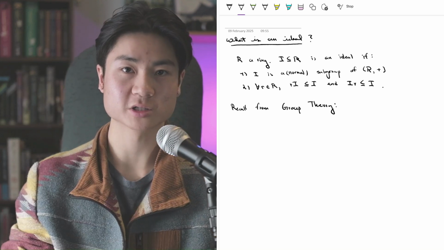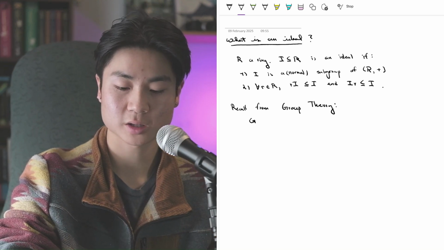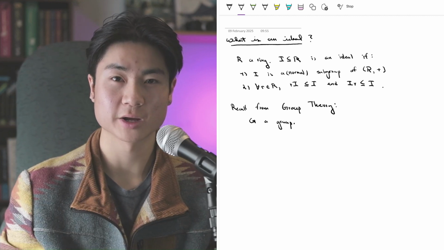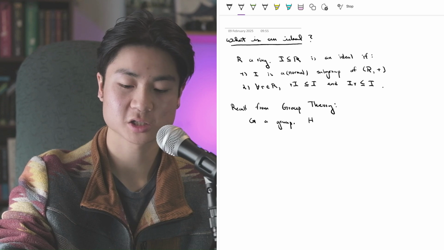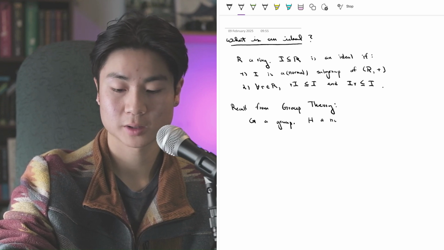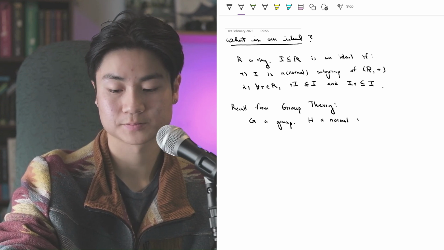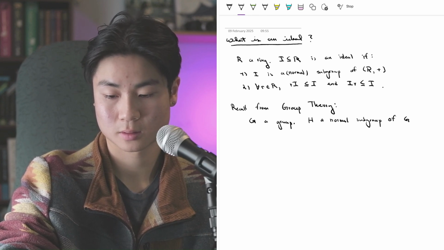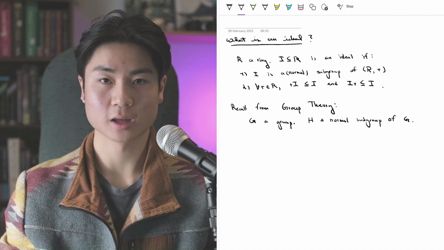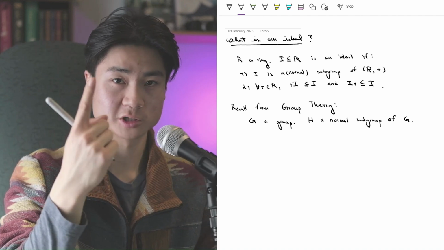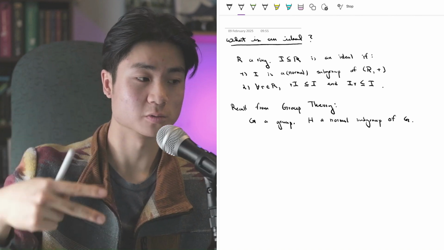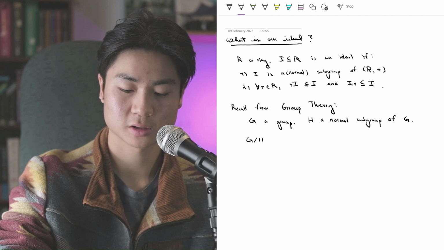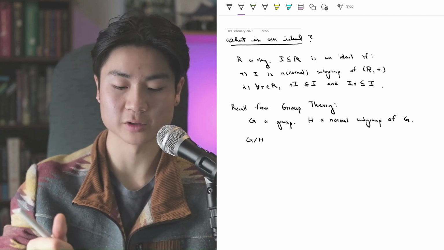And the way this works is we would take a group G, and then we would also take a subgroup, let's call it H, a normal subgroup of G. And with these two, with first the group and then one of its normal subgroups, we can construct G mod H. And G mod H is what we call the quotient group.